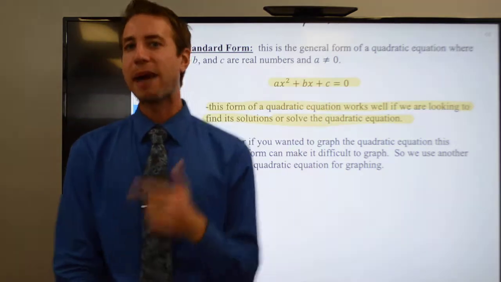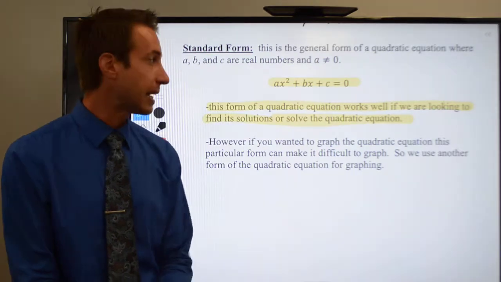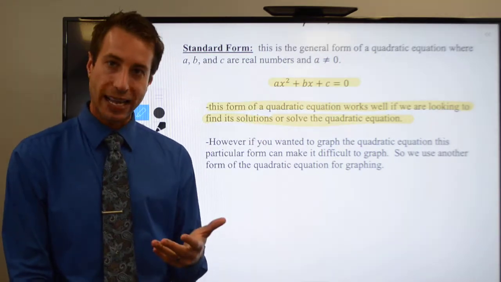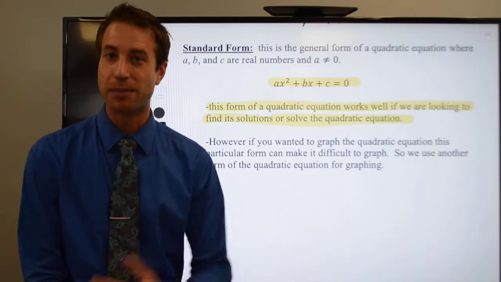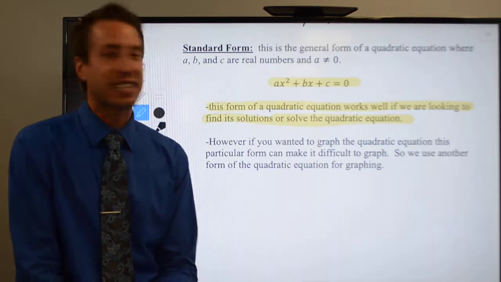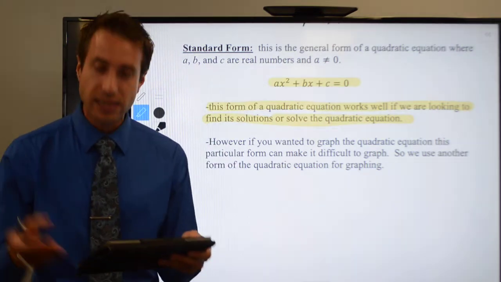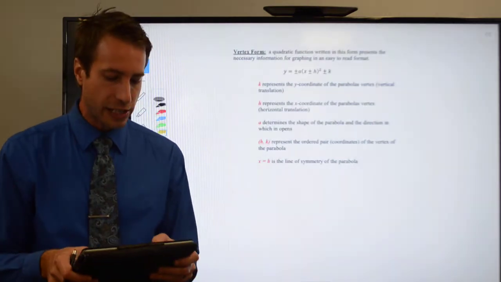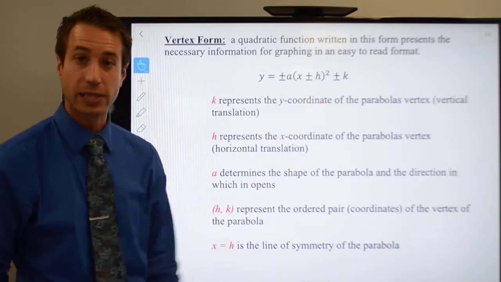But now we're going back to graphing in this section, and unfortunately, standard form for a quadratic really doesn't do me a whole lot of good when it comes to graphing. It just doesn't tell me very much. It's kind of useless. So instead, we'll use that form that we learned back in Chapter 2, Section 7, which is the vertex form.